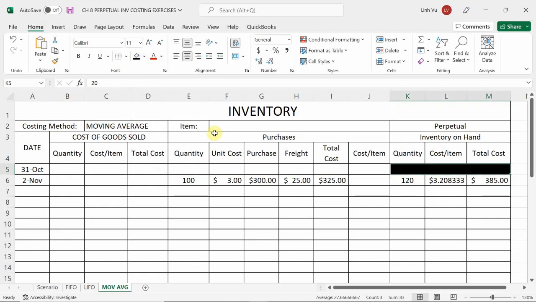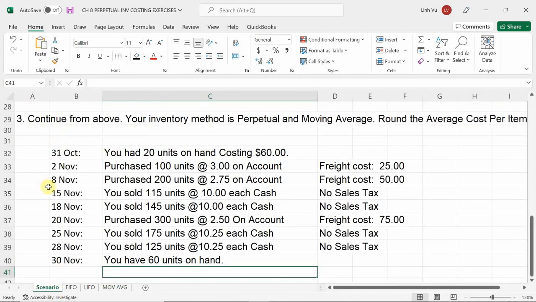So now I have a total of 120 units at 3.208333333. Okay. So let's see what's next. Then on November 8th, I end up purchasing another 200 units at $2.75 with a freight of $50.